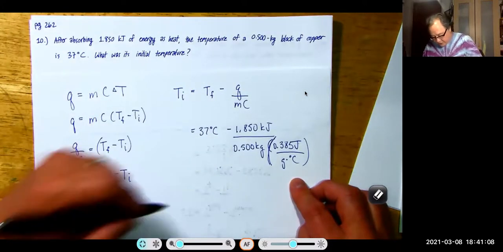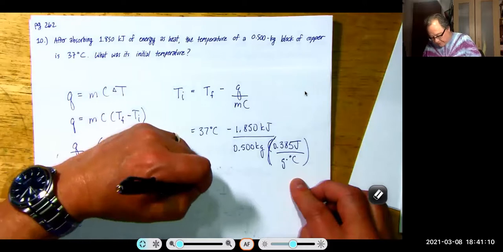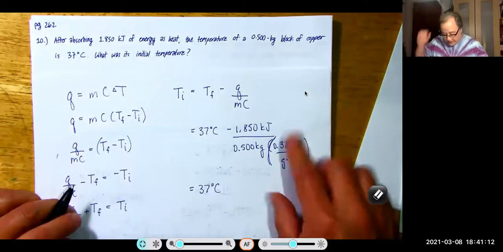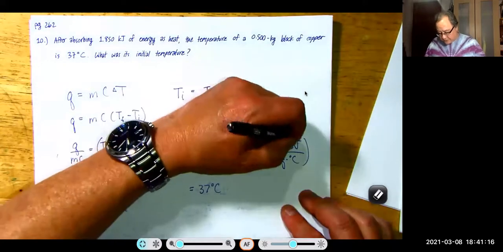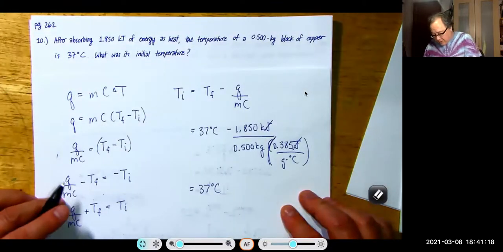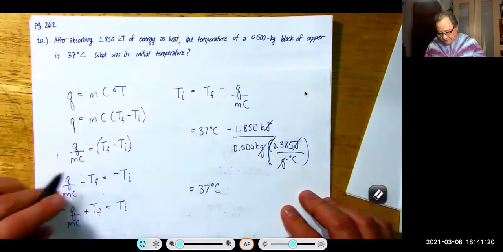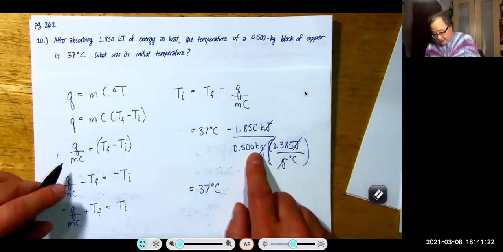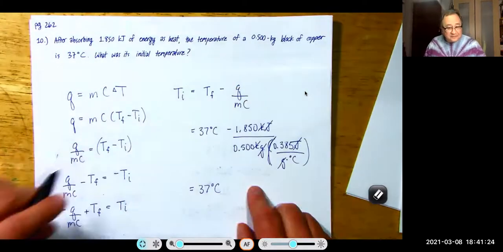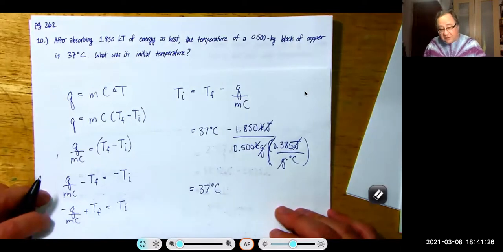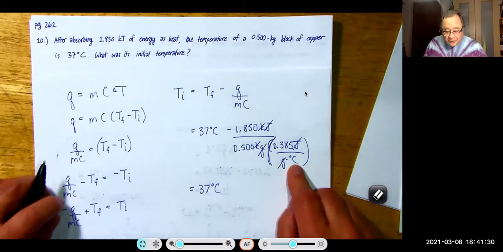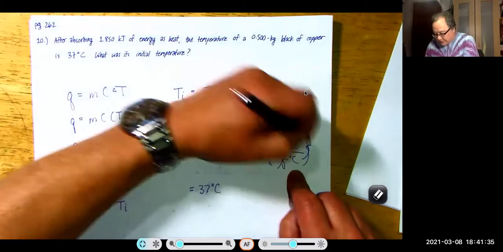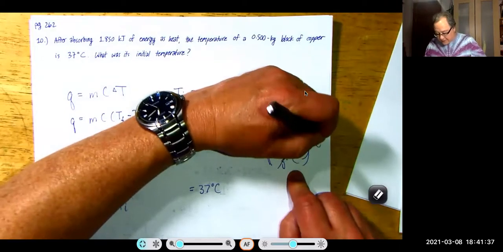Okay, so let me show you some fancy footwork on this part right here. This joule cancels with that joule. This gram cancels with that gram. And this K cancels with that K. You can do that with prefixes, believe it or not. This degree Celsius, when you put it above this line, it becomes degrees Celsius to the -1.